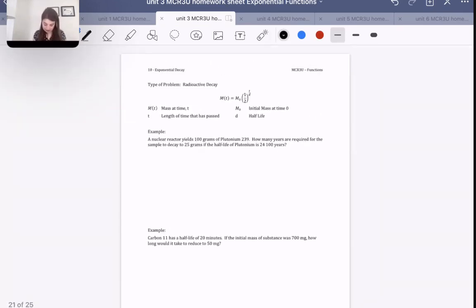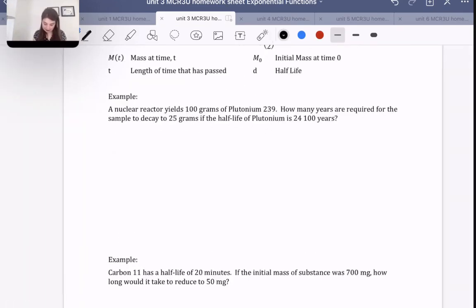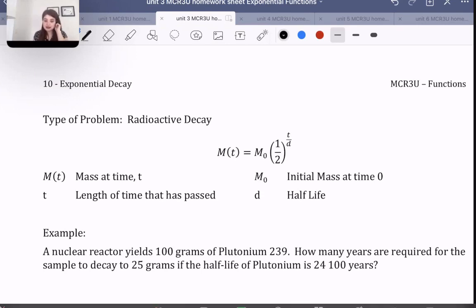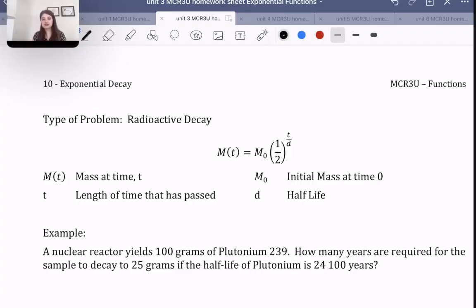Okay, let's talk about radioactive decay. So this is when we have a half-life. In this case, we have a mass at a specific time, then the initial mass at time 0, t for the length of time that has passed, and d, which is the half-life.